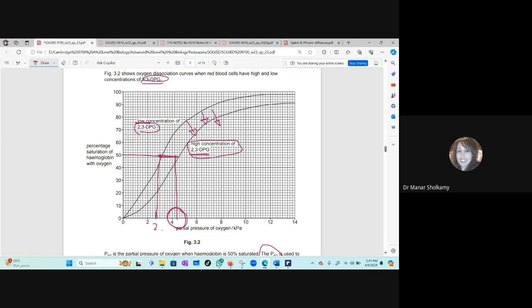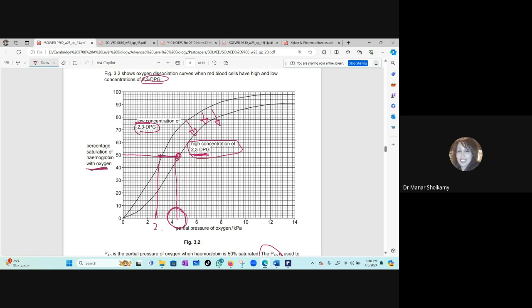Just add numbers from the graph: when the percentage saturation of hemoglobin with oxygen is 50%, in the high concentration of the compound, it will be holding less oxygen. Clear? It will be holding less oxygen because it will reduce the affinity.